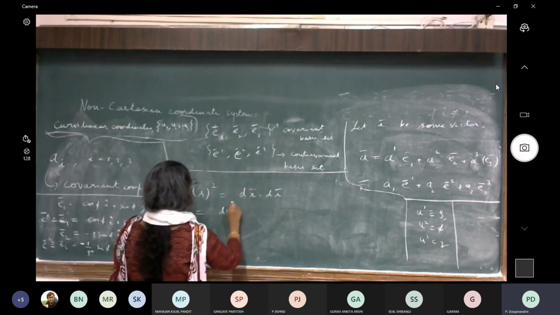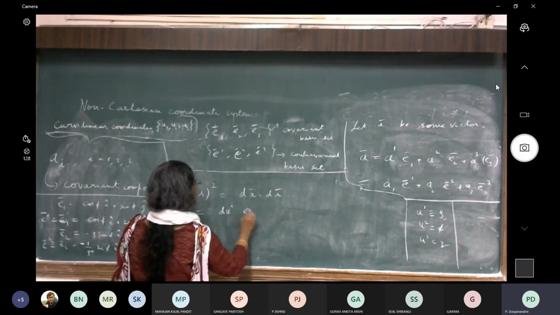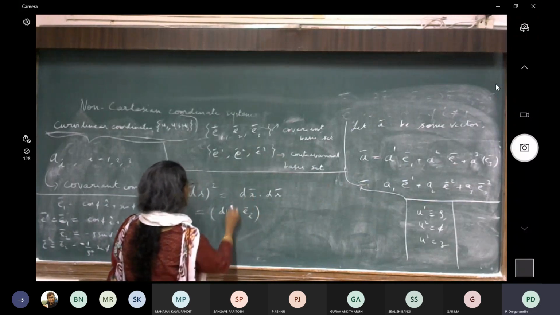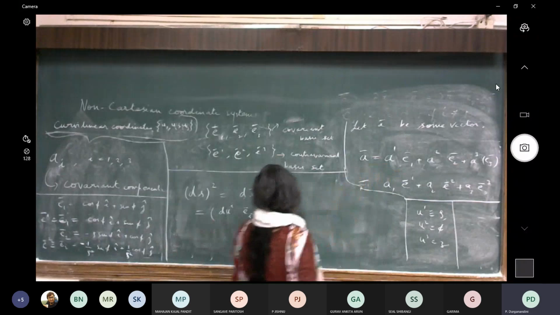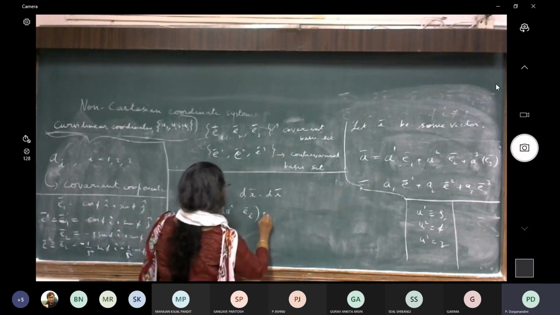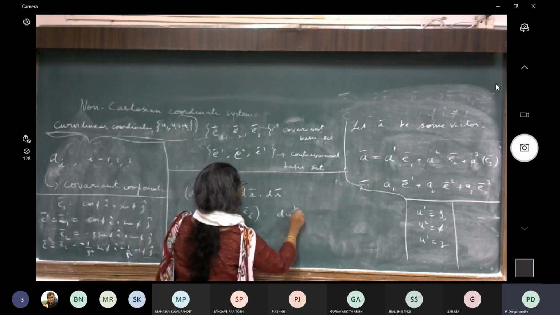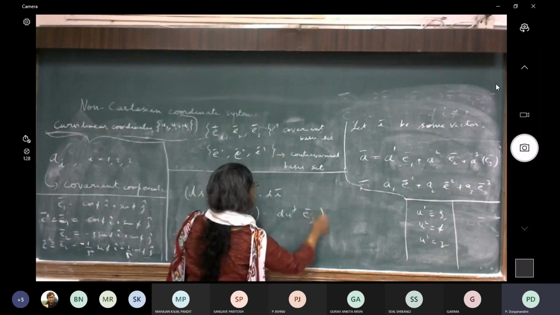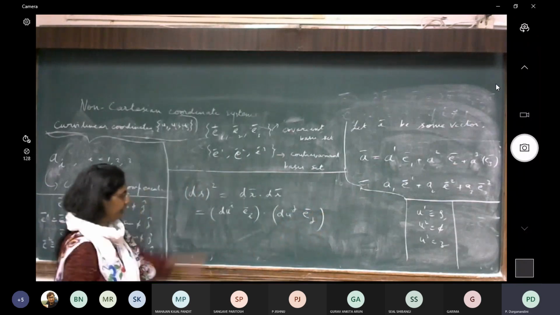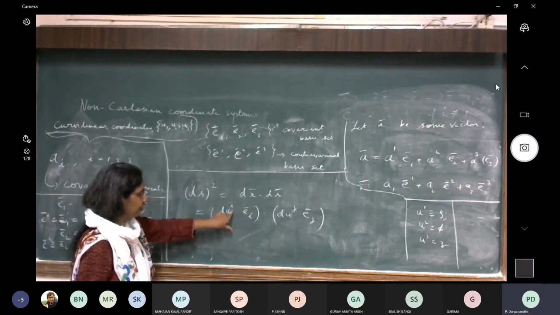Then I can write this as du^i e_i, using repeated summation, since i and i are repeated. This means du^1 e_1 plus du^2 e_2 plus du^3 e_3.